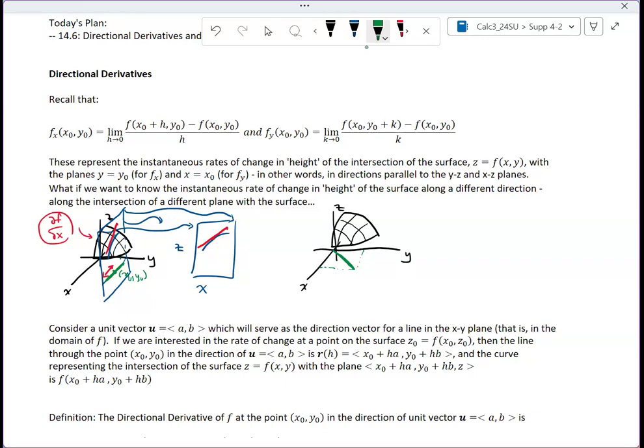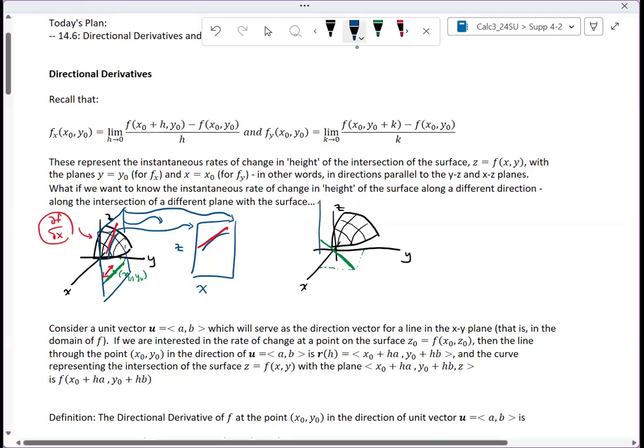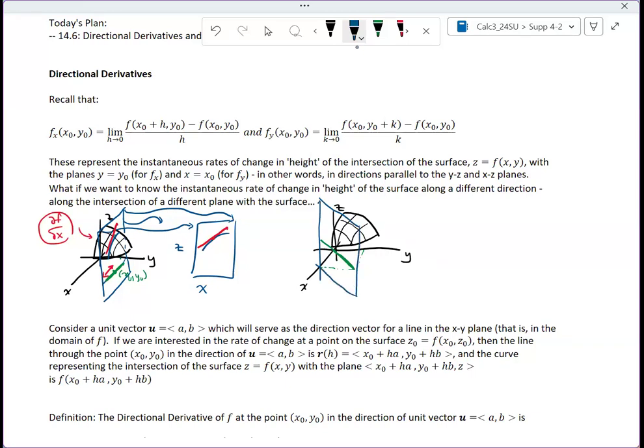Well, again, I could just as well imagine that this line is the intersection of a plane with the xy plane, and that this blue plane intersects the surface along some curve.